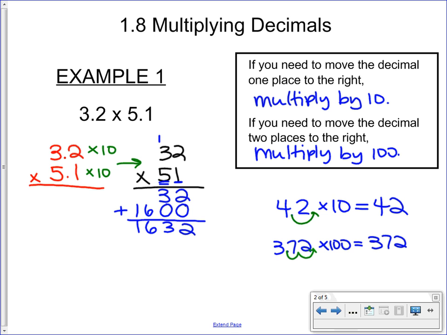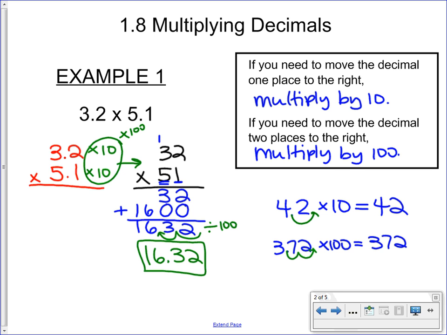Because we multiplied by 10 in both numbers, that's the same as multiplying by 100. So in order to undo that, in our answer, we're going to divide by 100. So if I divide by 100, that's going to move the decimal point back in. So our answer is going to be 16.32.